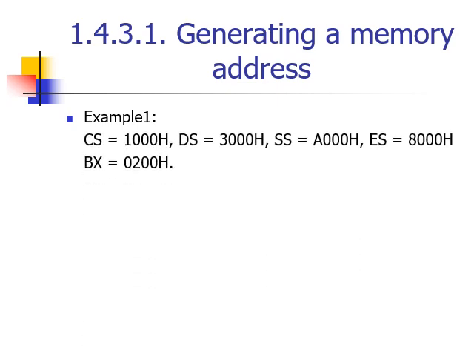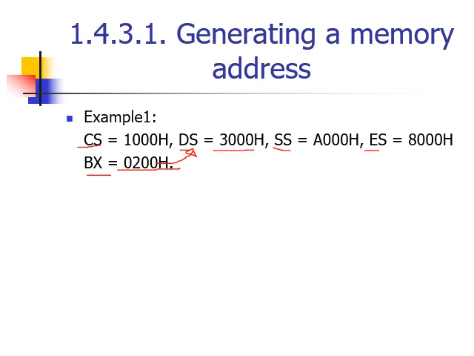For example, given these values inside your code segment register, data segment register, stack segment register, and extra segment register, the 4 segment registers, and BX is also given. As you know, BX goes only with the data memory segment.